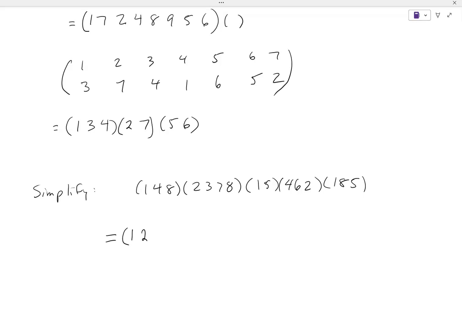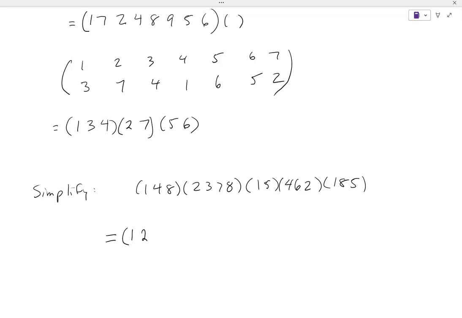Which one's easier to write down? That one is, right? I also can tell immediately that this particular element has order 3. It's a 3-cycle, so there are 3 elements in it. So this is another reason why we like the cycle notation. Okay. Back to where we were.